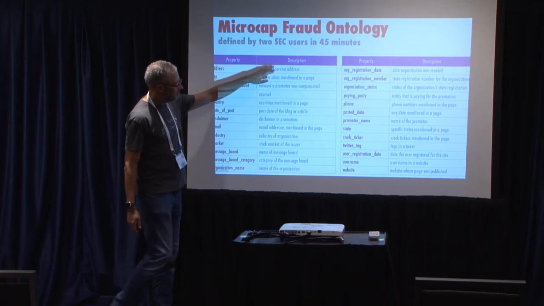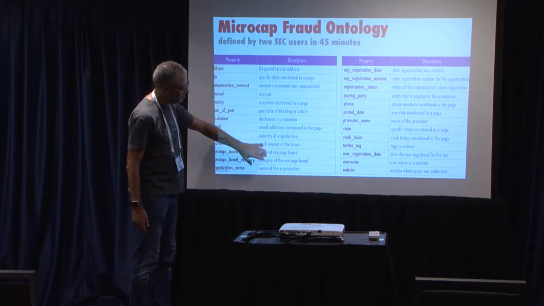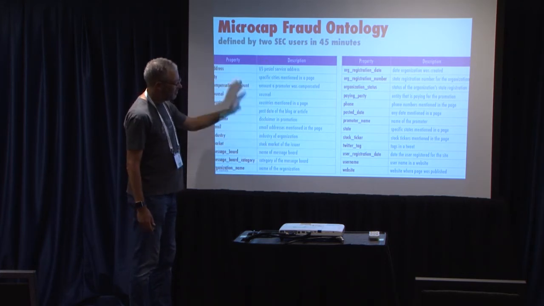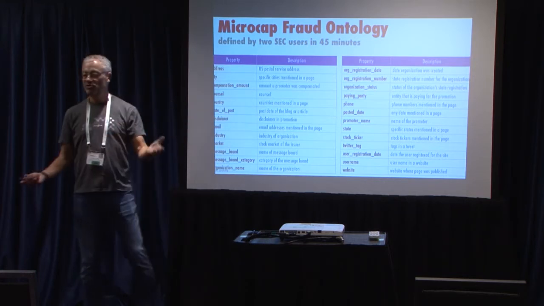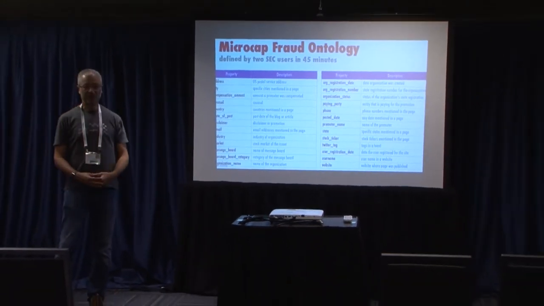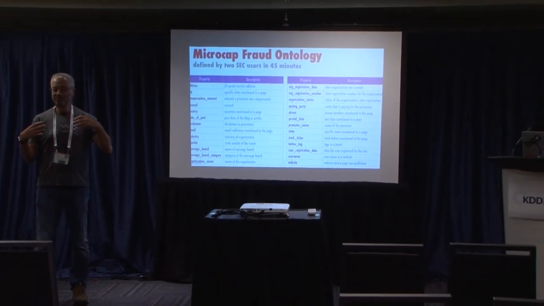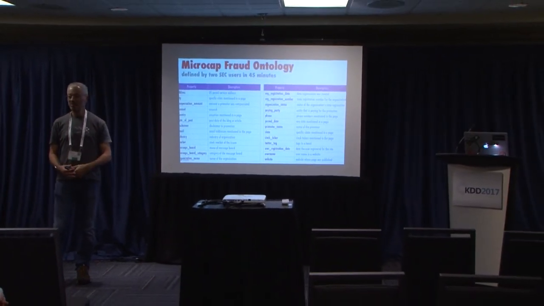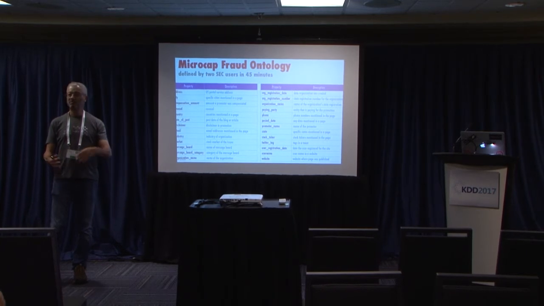So the amount. You read this and then you realize they really care about these promotions. They want to know who the promoter is. They want to know how much money the promoter is being paid to promote the stock.